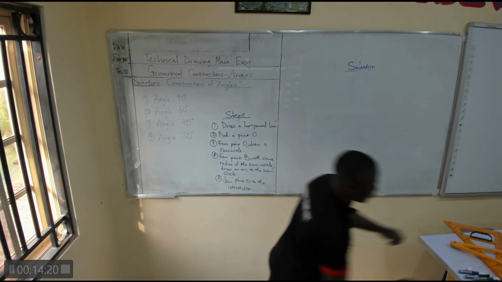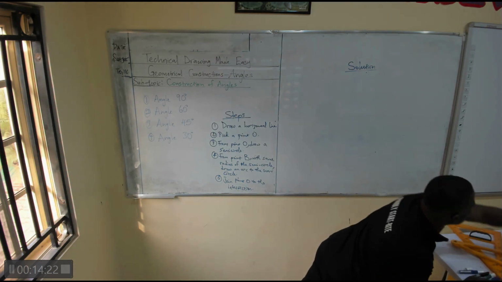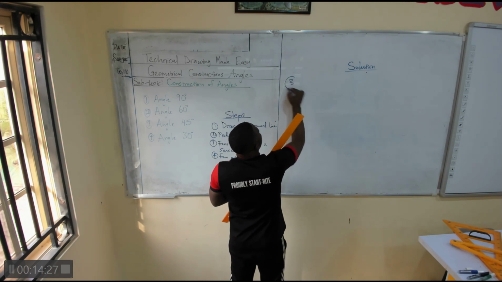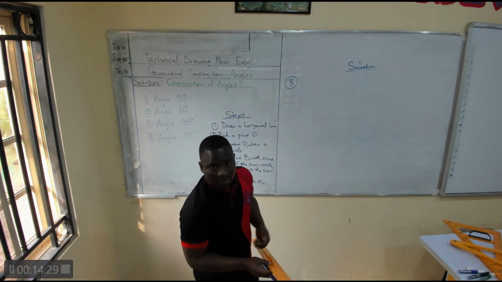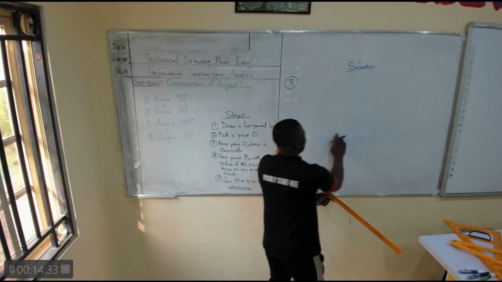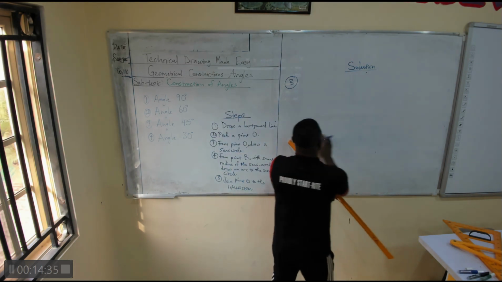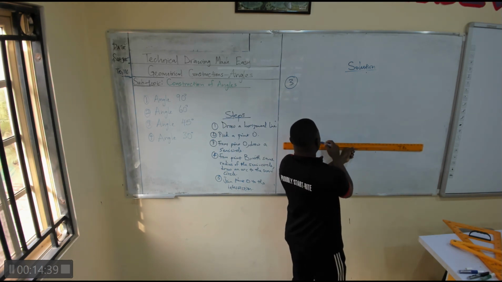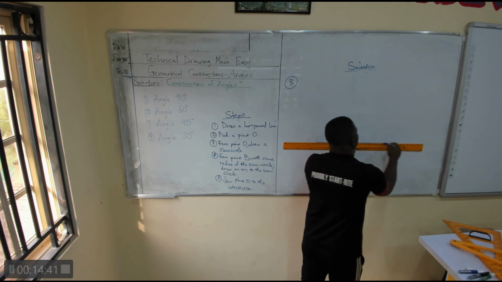Good. So let's start. How do we start? You can tell me again. We are drawing angle 45. Remember, every construction starts from a horizontal line. So I'm going to start with a horizontal line.